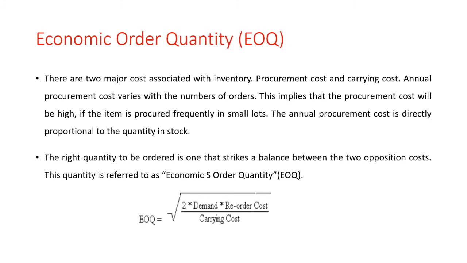The two costs are diametrically opposite to each other. The right quantity to be ordered is one that strikes a balance between the two opposing costs. This quantity is referred to as the economic order quantity, that is EOQ. The formula is the root of 2 into demand into the reorder cost divided by carrying cost. In the next slide, we discuss this formula.